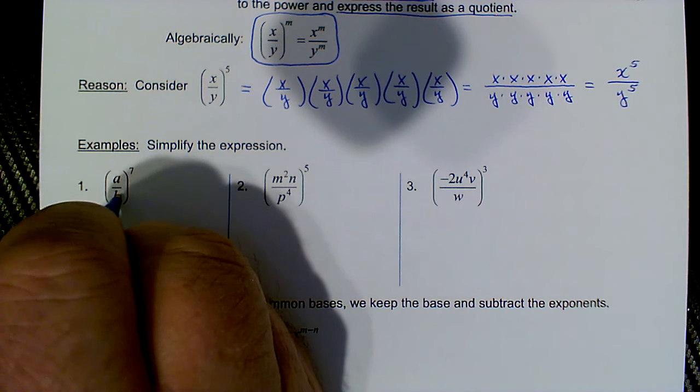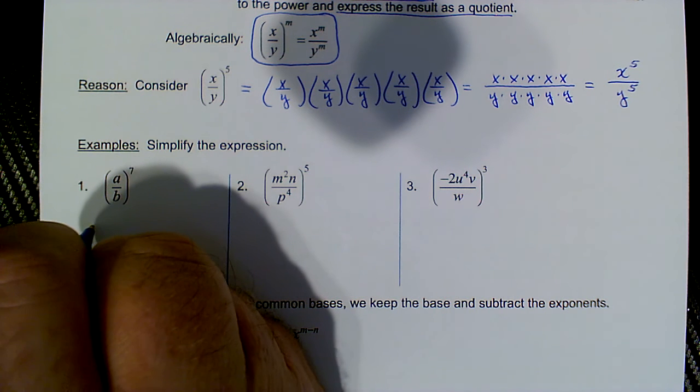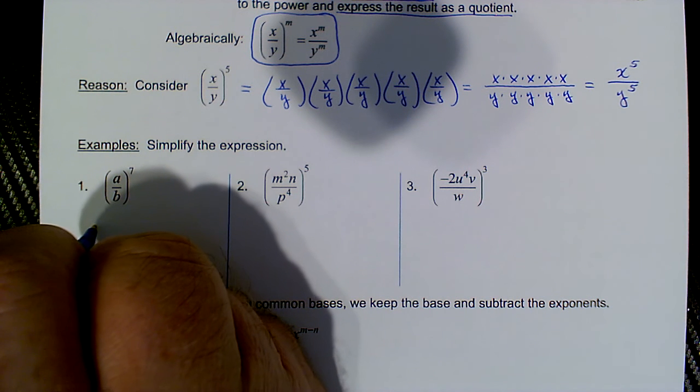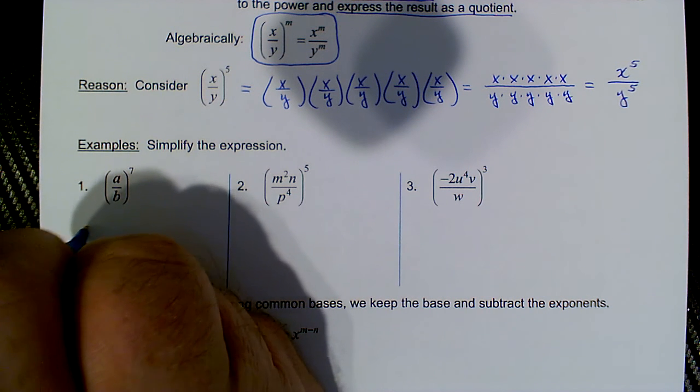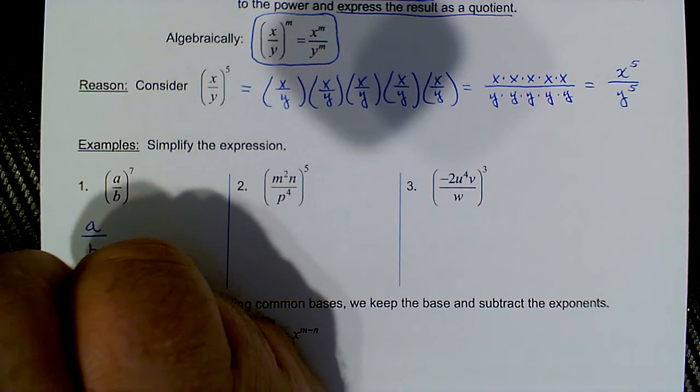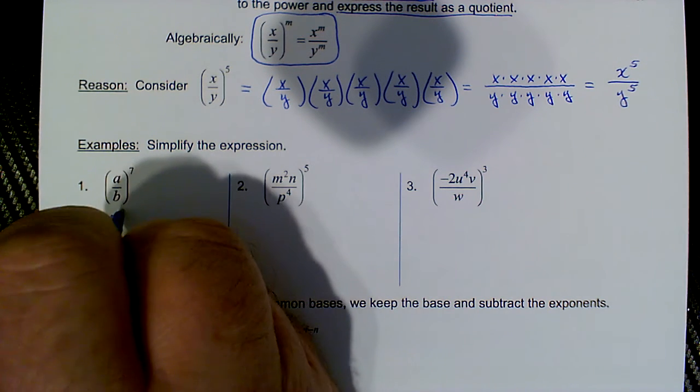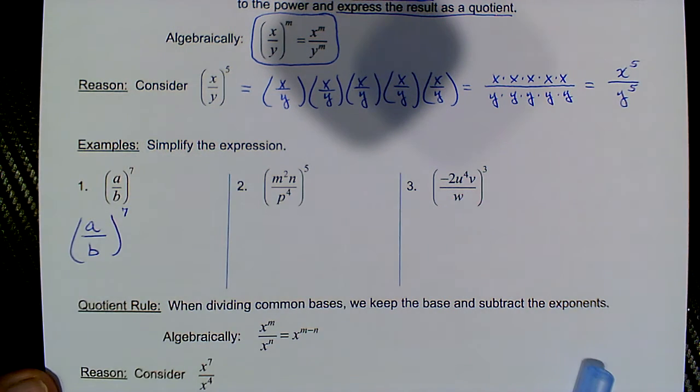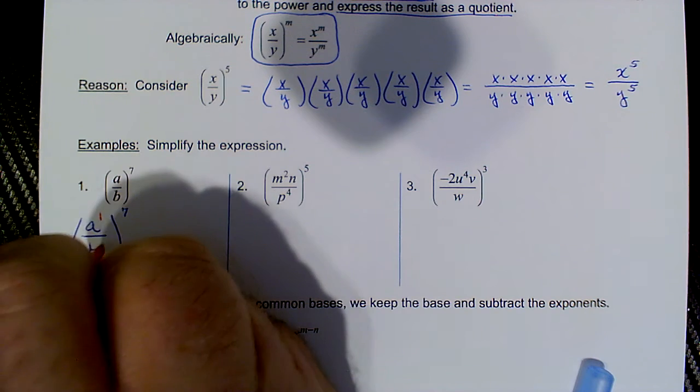You don't need to, but for a over b to the 7th, the easiest way to treat this is, let me rewrite that first, actually. And I'll slide the exponents that are understood of 1 in here.